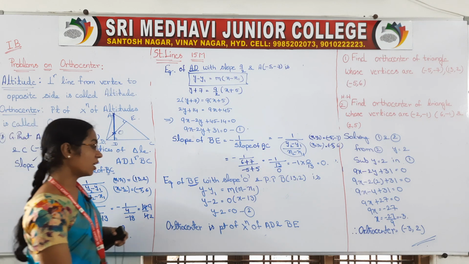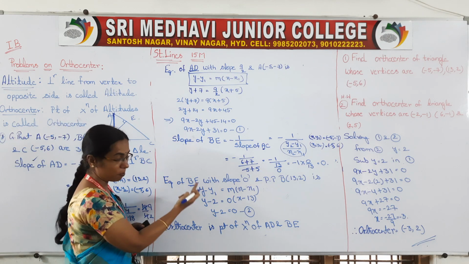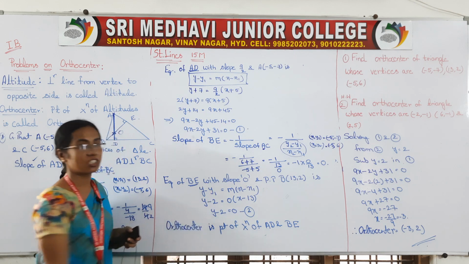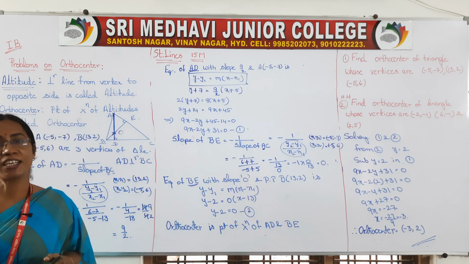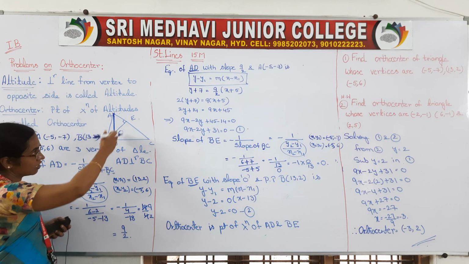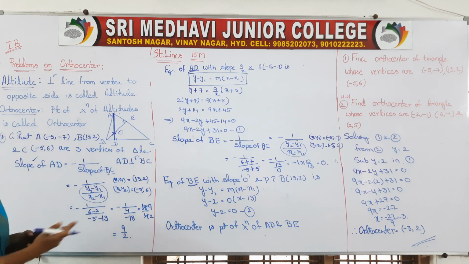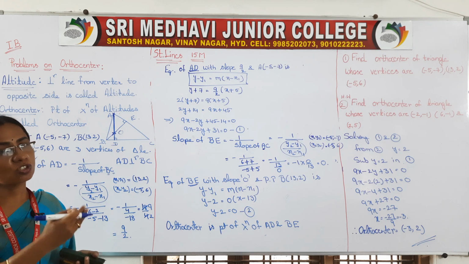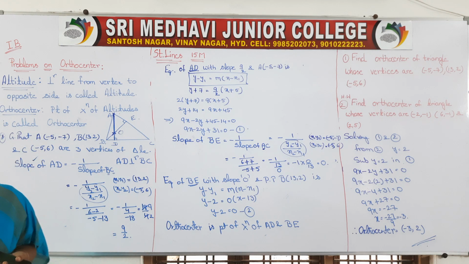Okay, so once we got the equations of AD and BE, their point of intersection is the orthocenter. Our aim is finally to get the orthocenter, which is nothing but the point of intersection of AD and BE. So find out the point of intersection. How will we find it? Just solve those two line equations, and you will get their point of intersection.